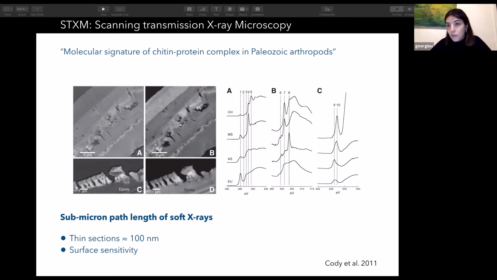So we need ultra thin samples of thickness of 100 nanometers. And this is limiting, first because we have to select a specific region to sample, and this is maybe not representative. And we also have the surface sensitivity of the results.